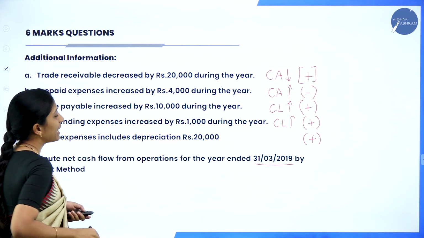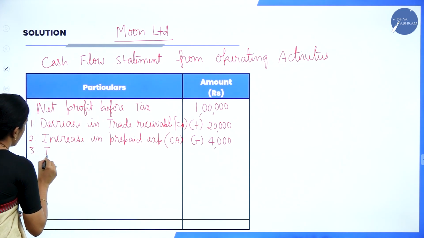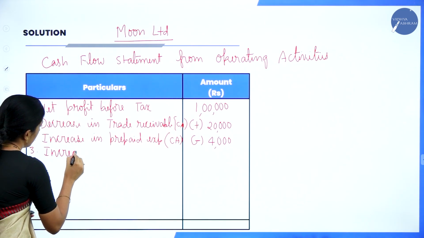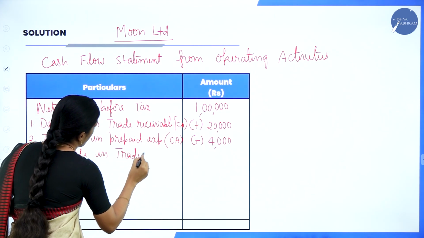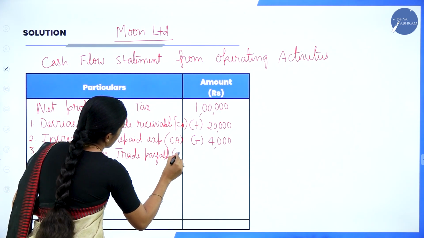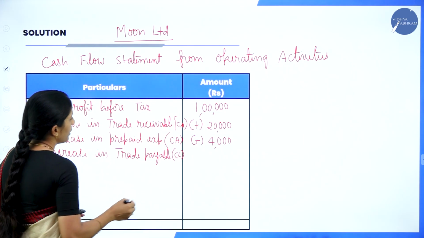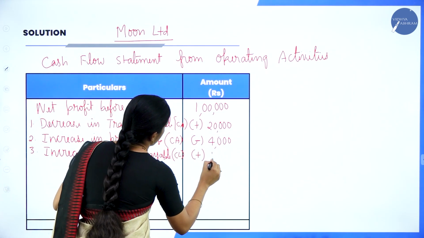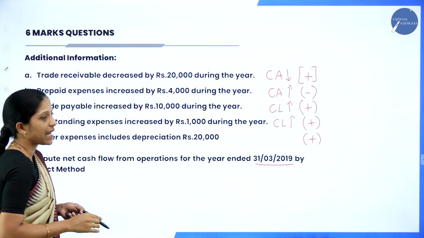Next one, trade payable increased. Increase in trade payable. Trade payable is a current liability. So it has increased, so I have to add 10,000. Next, outstanding expenses.